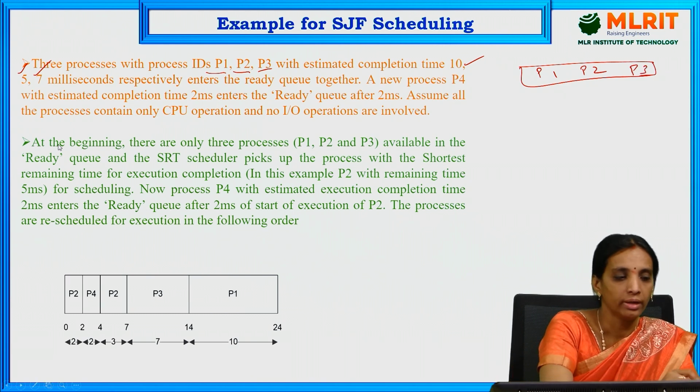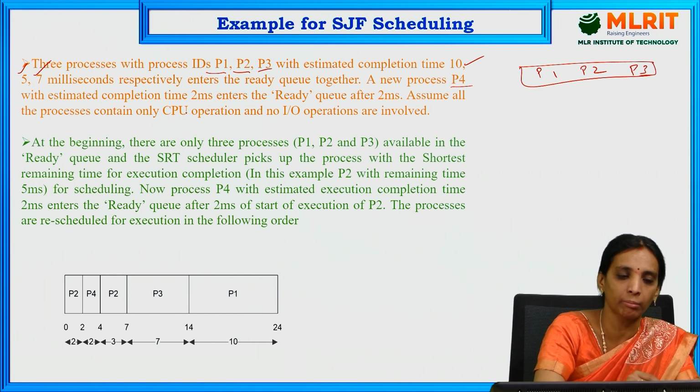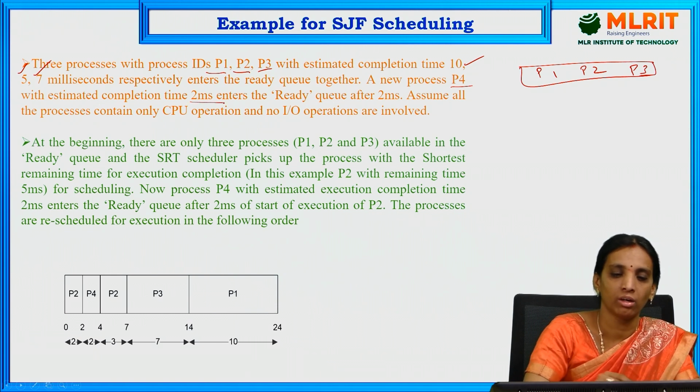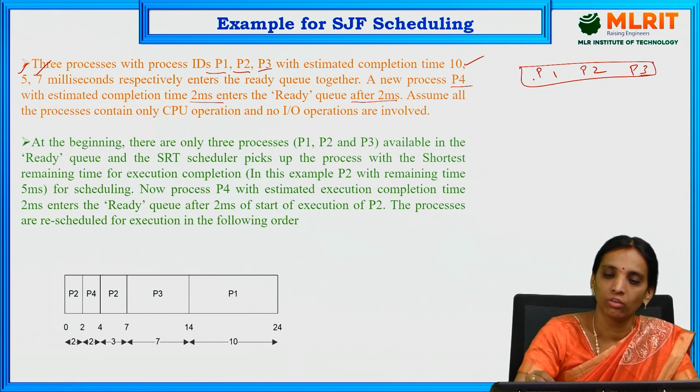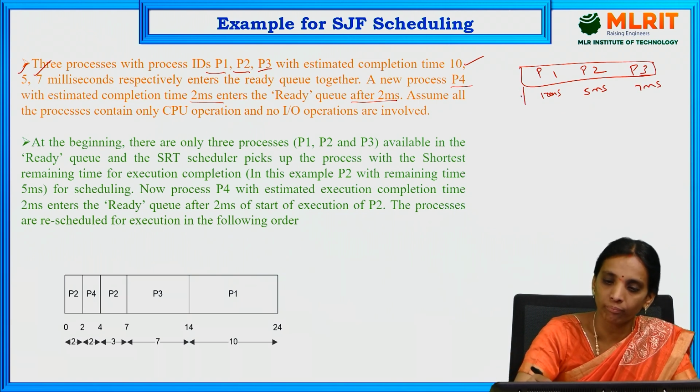Now a new process P4 enters with an estimated completion time of 2 milliseconds, after 2 milliseconds. P1 first enters the ready queue with 10 milliseconds execution time, P2 has 5 milliseconds and P3 has 7 milliseconds. The waiting time for P1 is 0.